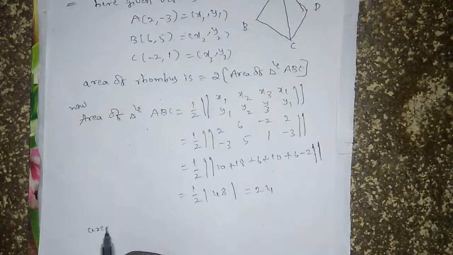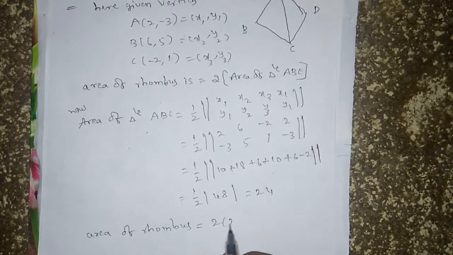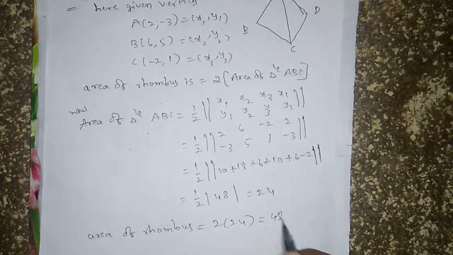Now area of rhombus is equal to 2 into 24, that is 48 square units.